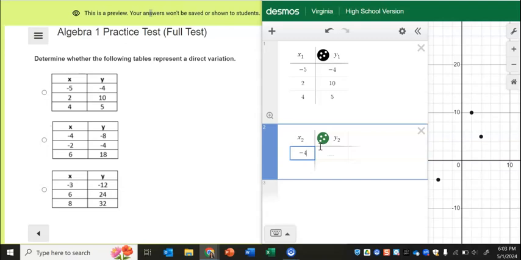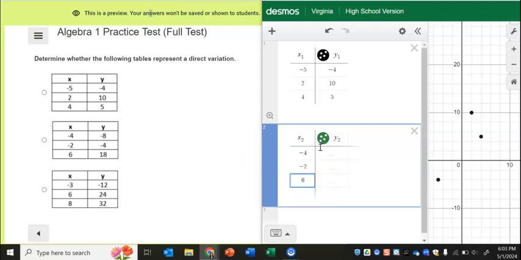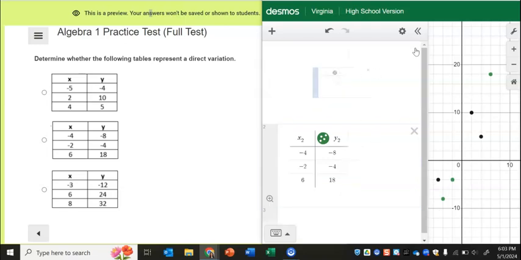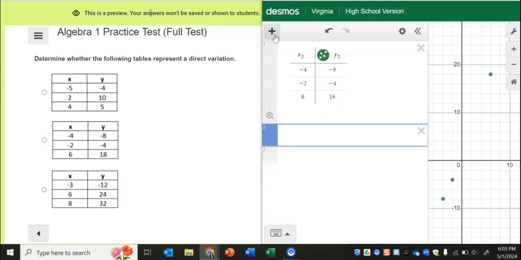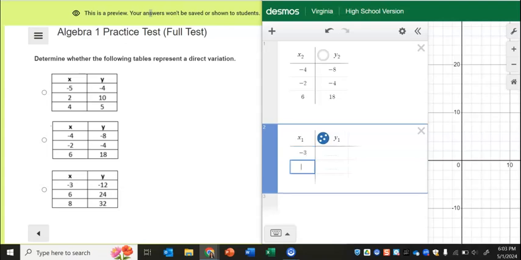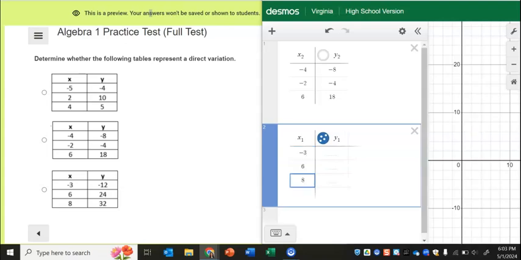Negative 4, negative 2 and 6, negative 8. I don't want this one. I think that's good, but I just want to make sure that I check the other one too. I can unclick those ones instead of erasing it actually. Negative 3, 6, and 8. And then right here, negative 12, 24, and 32.